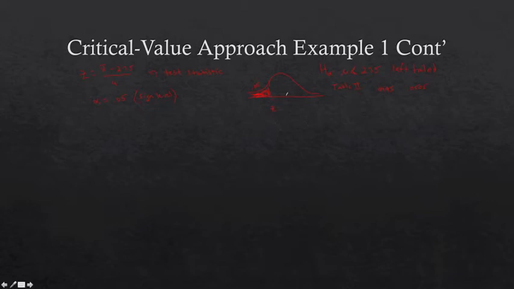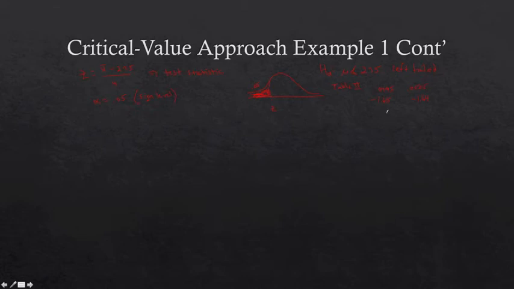Now, 0.0495 has a z-score of negative 1.65. 0.0505 has this z-score. Since they're the same distance away, how do we find the 0.05?